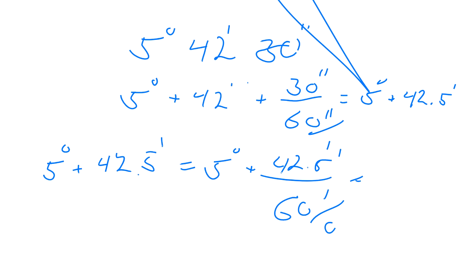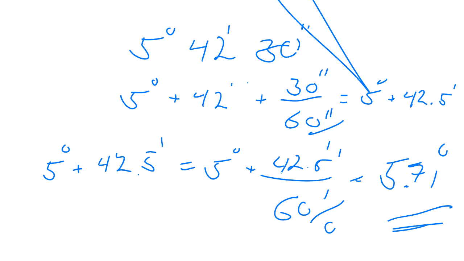This fraction is equal to 0.71, so this is going to be 5.71 degrees. You can do the math to verify that. So 5.71 degrees is equal to 5 degrees, 42 minutes, 30 seconds.